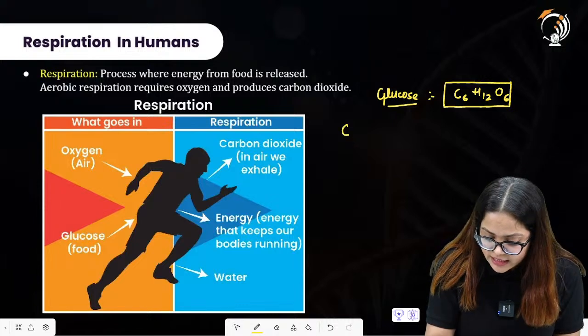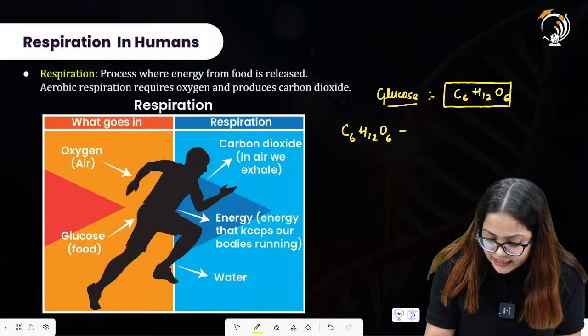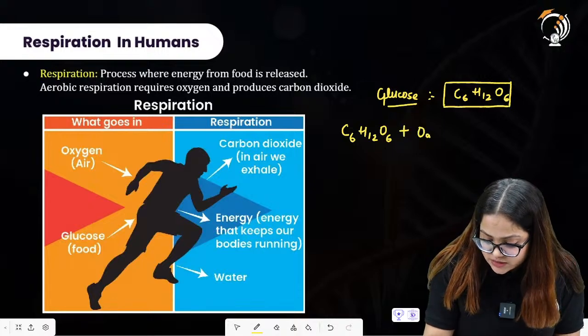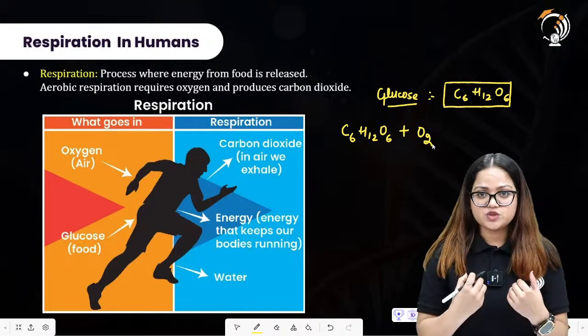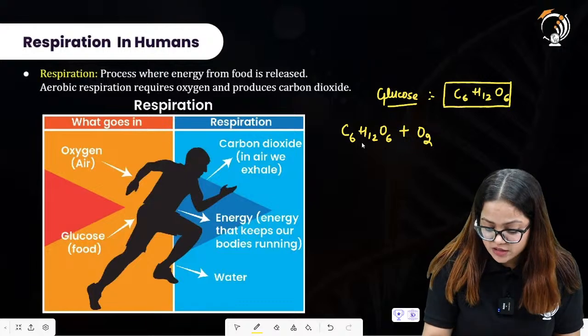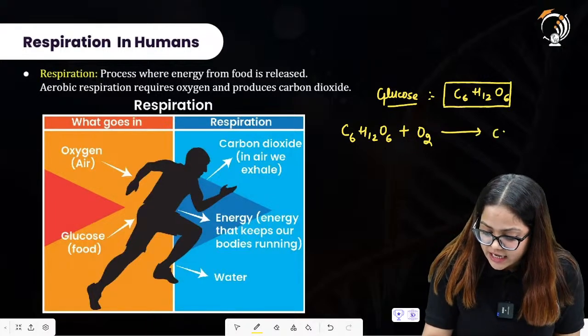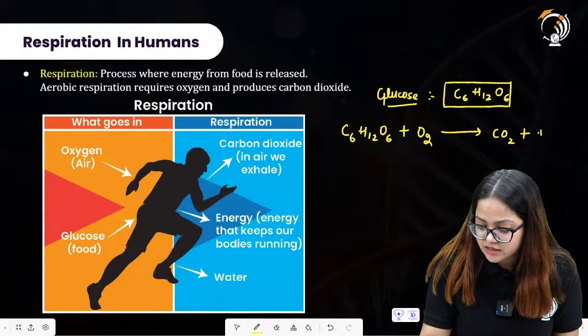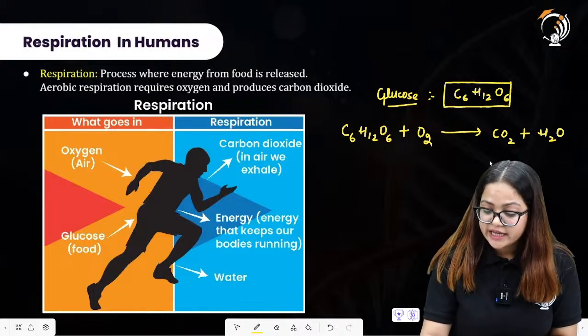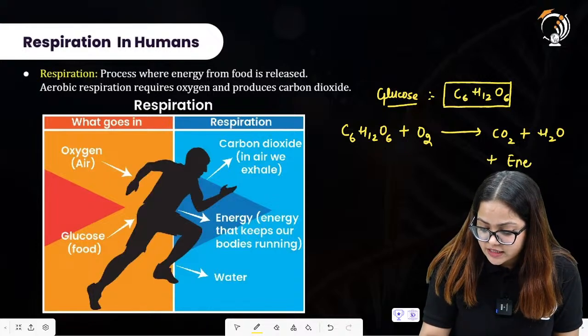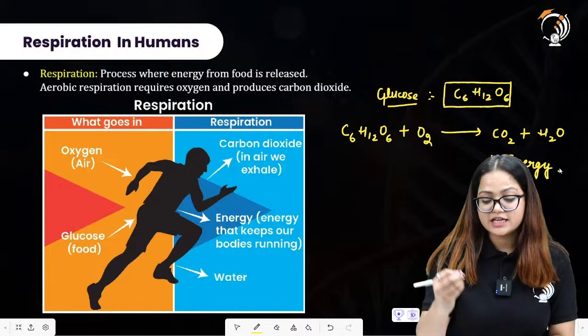So let me write the reaction here, C6H12O6, that is reacting with oxygen from the air that we have just breathed in. So glucose is reacting with oxygen to produce carbon dioxide as the product, water as the product, and a lot of energy is released during this reaction.